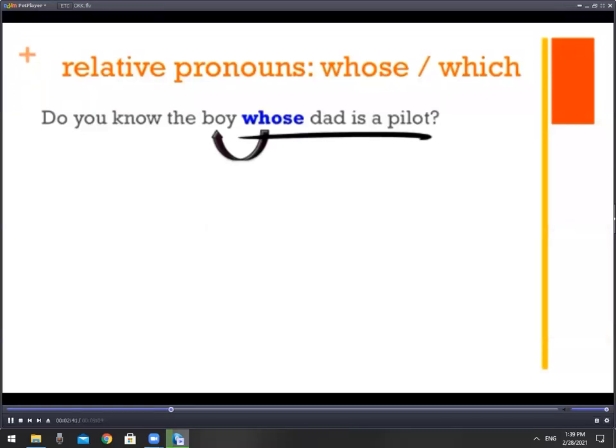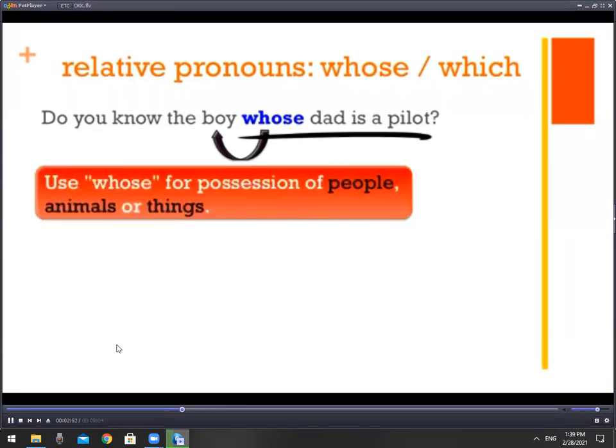This is your relative clause. The information is about the boy. We know that the boy's dad is a pilot, and the boy's dad already tells you to use whose. Use whose for possession of people, animals, or things. Things that belong to you.